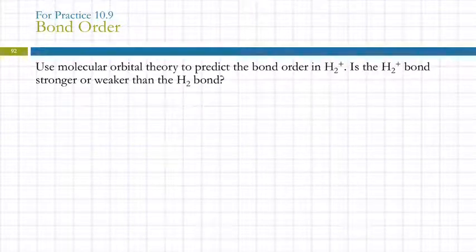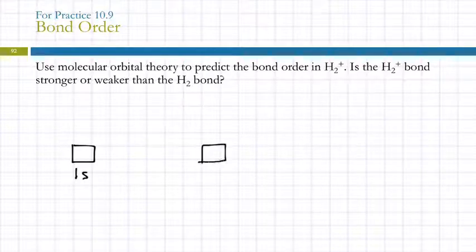Okay, so what we're going to do here is start with the 2 atoms. So we've got He2 plus. So we'll put a hydrogen over here and a hydrogen over here, but one of them is missing an electron, right? So we'll make this one H plus.